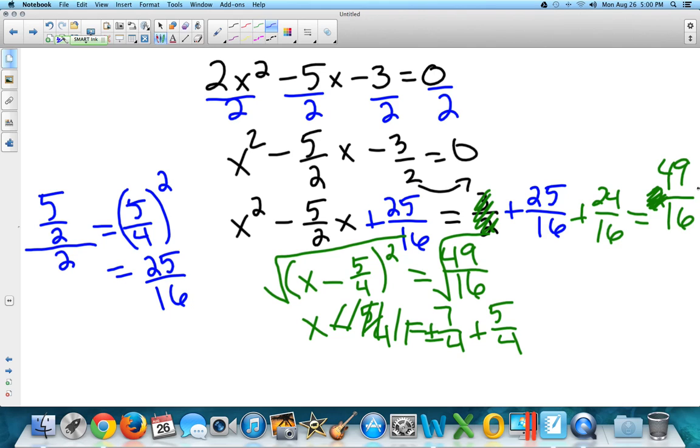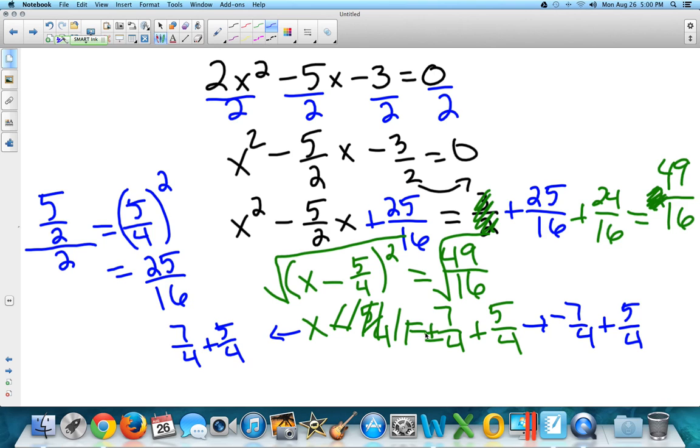So what I've got to figure out now is what negative 7 over 4 plus 5 over 4 is, and what 7 over 4 plus 5 over 4 is.